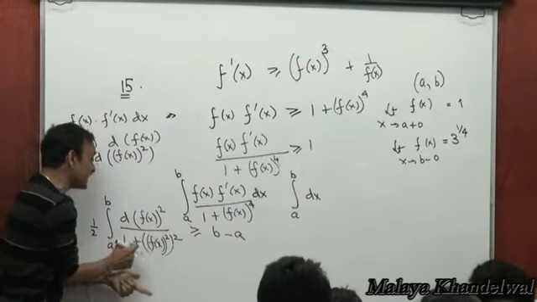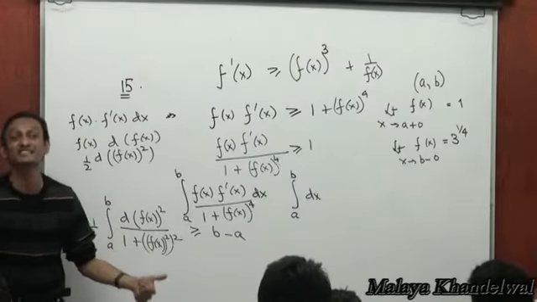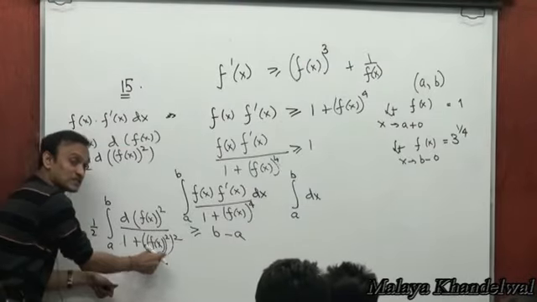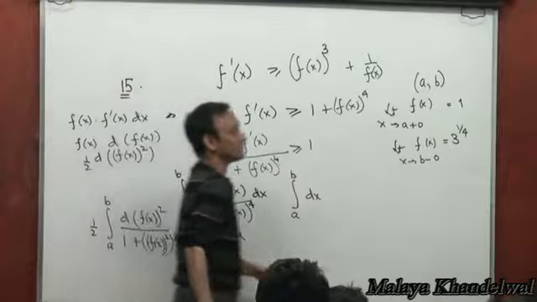So this is dt by 1 plus t squared, which is tan inverse t.